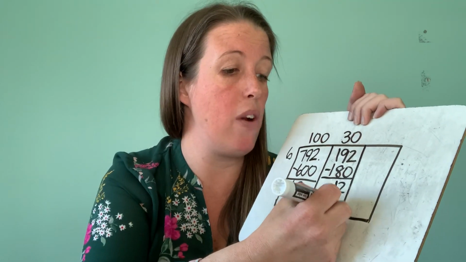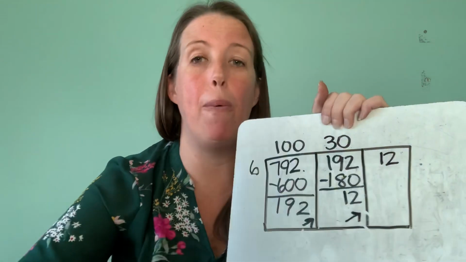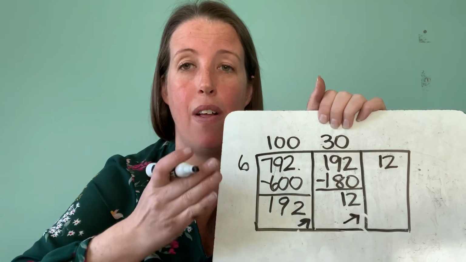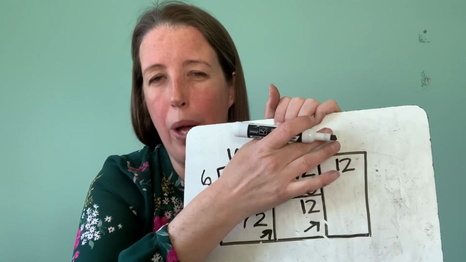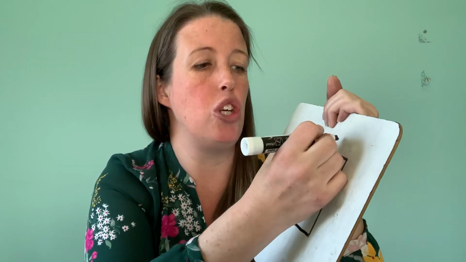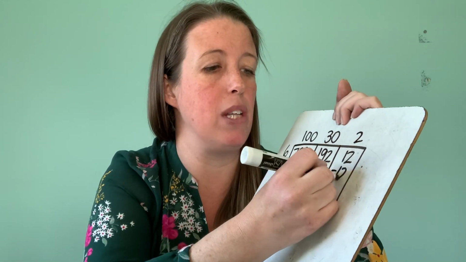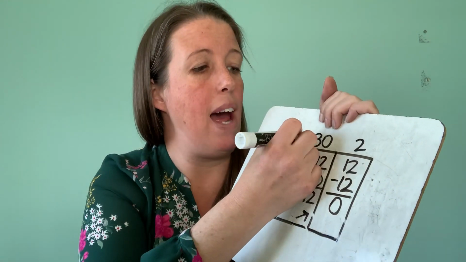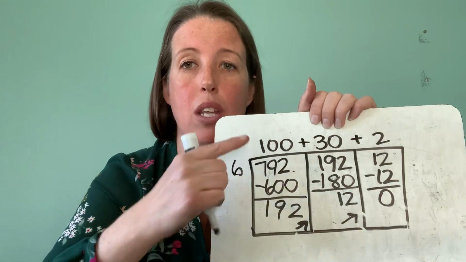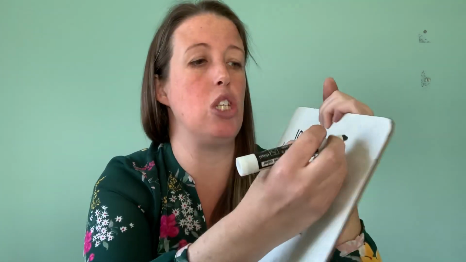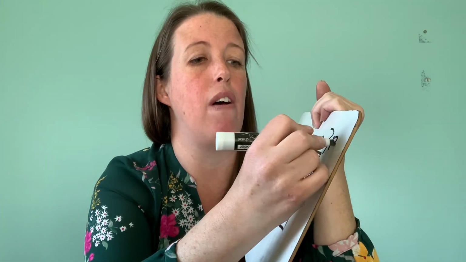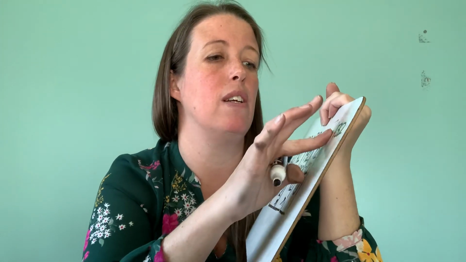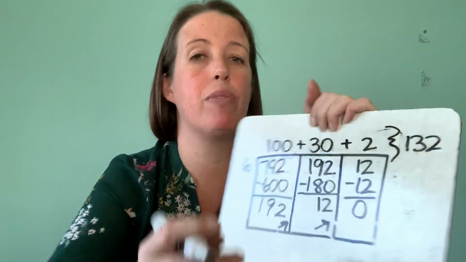Now I'm going to move that over and think about my ones facts. 6 times what will give me that 12? 2. 6 times 2 will give me the 12, and I won't have anything left. So now I'm going to add up the parts. 100 plus 30 plus 2 gives me a total of 132. Okay? So that's using the area model.